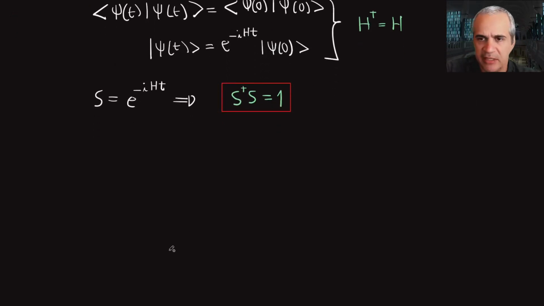The first thing is to translate this constraint on S to the transfer matrix, that we defined before as 1 plus iT. We defined this as the transfer matrix. Now I can plug that definition in here, which will give me this expression.